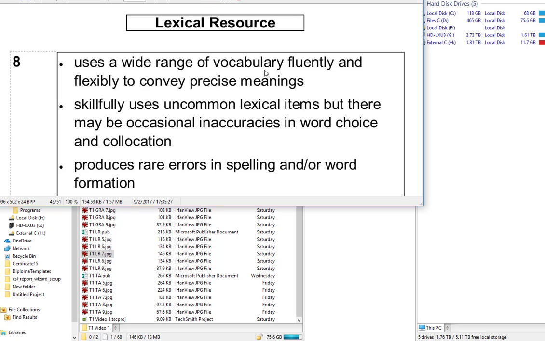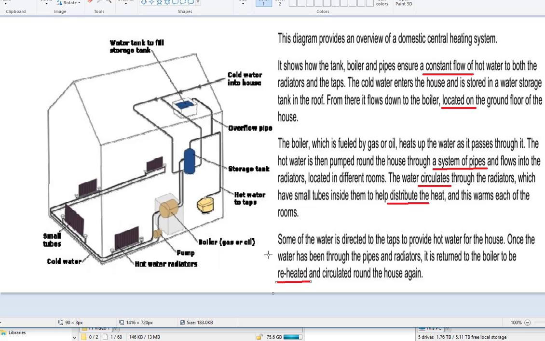Uses a wide variety of vocabulary fluently. Oh yeah, it was definitely fluent. So a very good piece of writing. Let's go on to maybe 8 for vocabulary. Let's go on to look at the grammar. Tank, boiler, pipes, ensure.